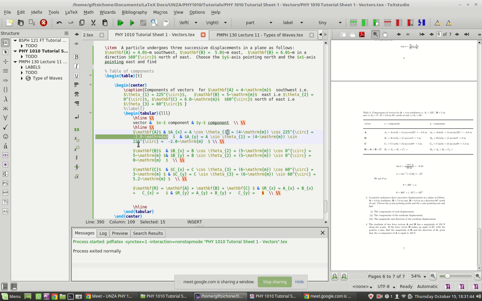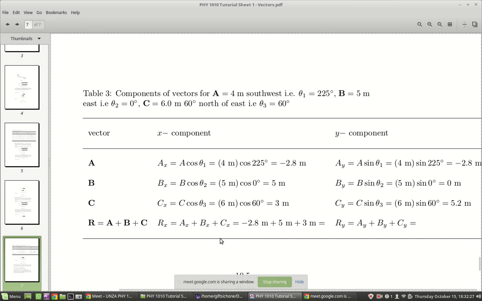So the x component there is minus 2.8 plus the other one is 5 meters, plus the other one is 3 meters. Okay, like that.